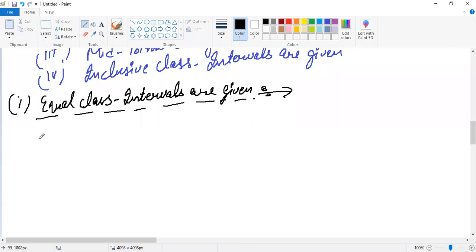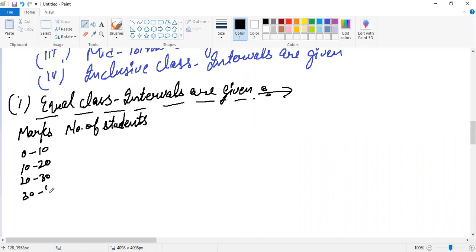Marks and number of students: marks 0 to 10, 10 to 20, 20 to 30, 30 to 40, and 40 to 50, and number of students 30, 45, 55, 60, and 35. Clear? Now, students, we make the histogram.